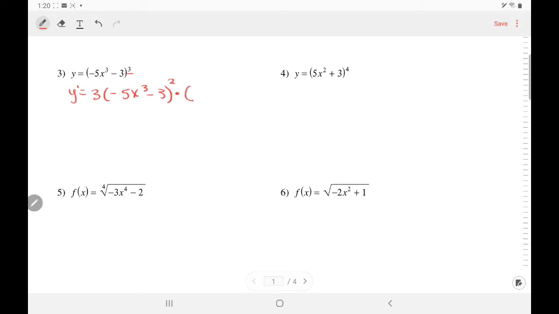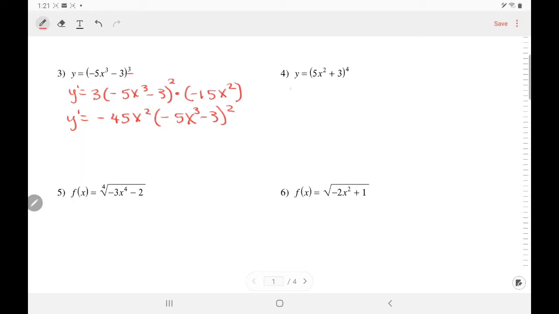So using your power rule, negative 5 times 3 is negative 15x. Reduce your 3 by 1, it's 2. The derivative of negative 3 is 0. Now we multiply the 3 with the negative 15 to get negative 45x squared times (negative 5x cubed minus 3) squared.